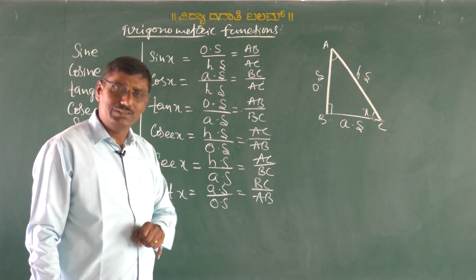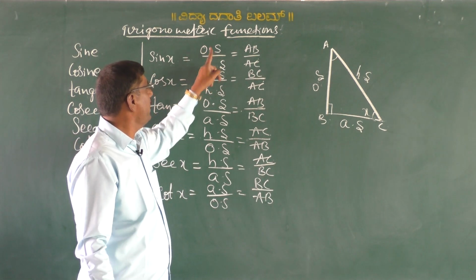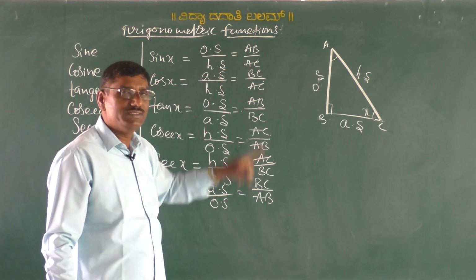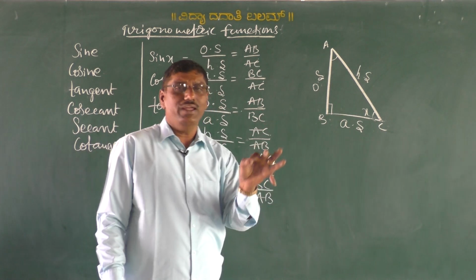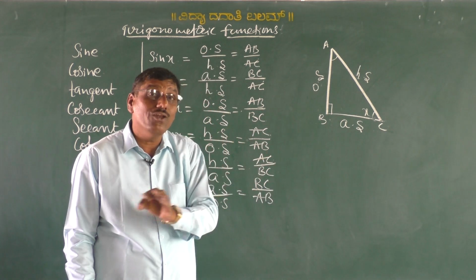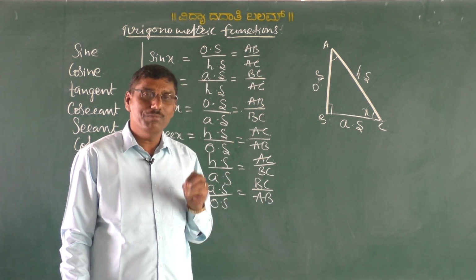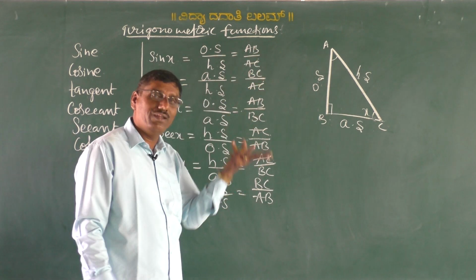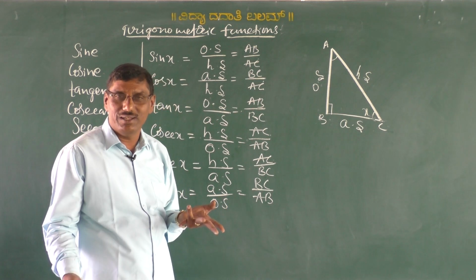How? See here, opposite side divided by hypotenuse side, that is AB divided by AC. See here, these two are sides of a triangle, that is the right angle triangle, no doubt. We can measure sides by real numbers. Any real number divided by a real number is a real number.